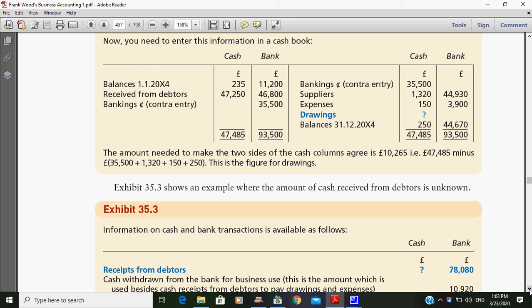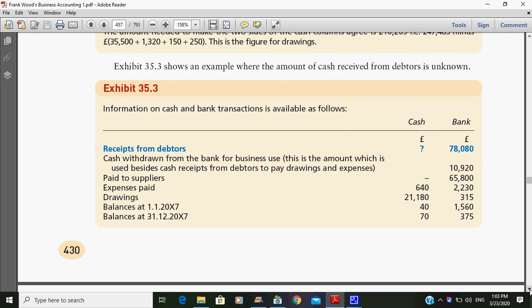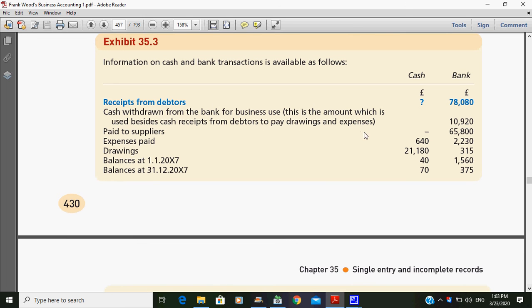The example below shows an example where the amount of cash received from debtors is unknown. So see the example here. The amount for cash received from debtors is unknown, so you want to calculate it.